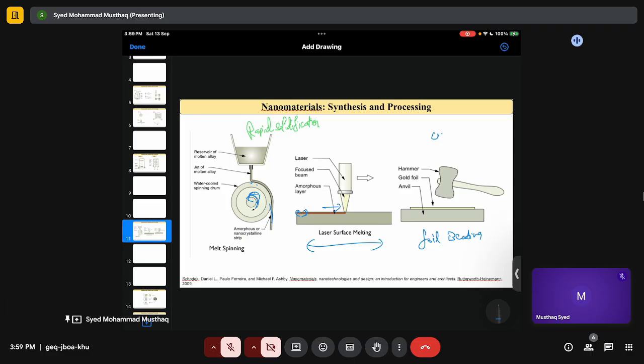Ductility is nothing but, again we will discuss this in a few minutes, the ability of a material to deform without undergoing fracture. Fracture is nothing but breaking. We have seen bone fracture or many things. So deforming without breaking, that's what we call ductility.